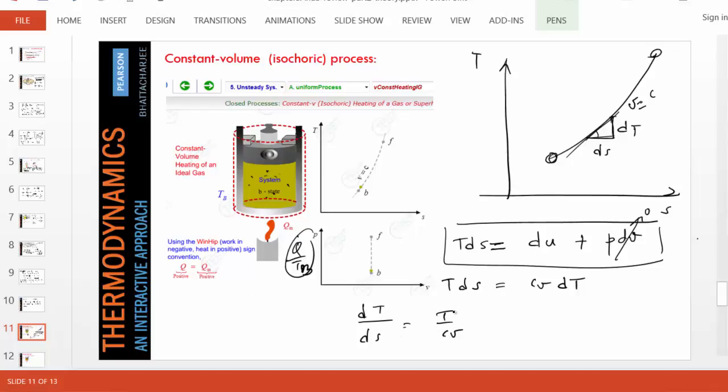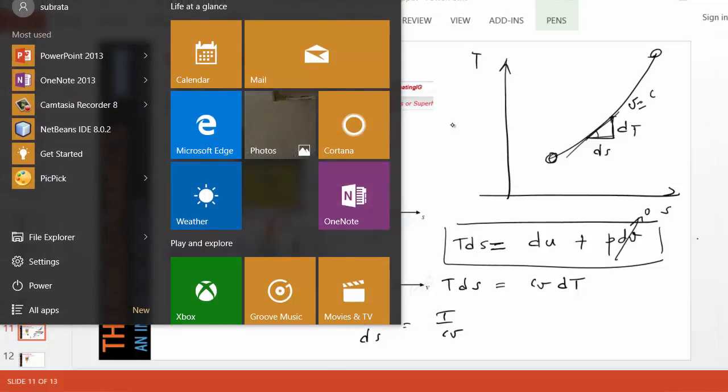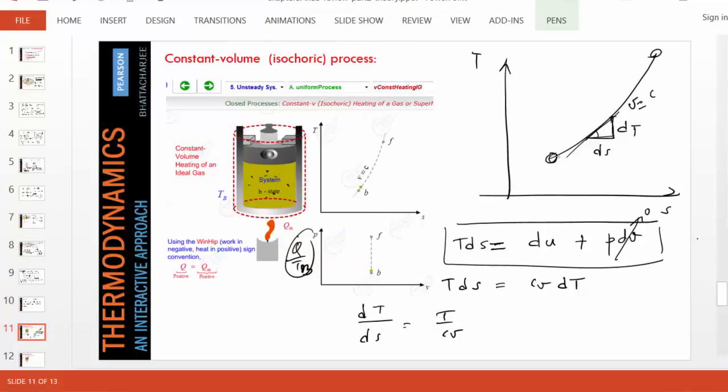This equation tells you that as the temperature increases, the slope increases, and that explains why the graph becomes steeper and steeper as you go out to the right. And Cv is a constant. So this is how a constant volume line looks.